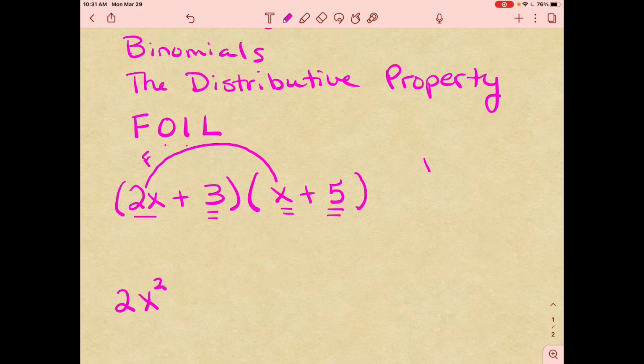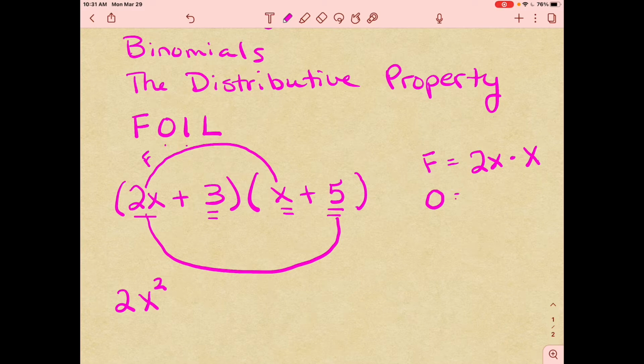Then we're going to do the outer, O stands for outer, so we're going to draw underneath from the 2x all the way over to the 5. So the outer is going to be 2x times 5. 2x times 5 is 10x.